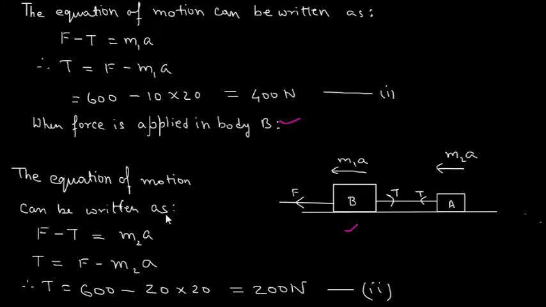And putting the value of F, m2 and a, we get 600 minus 20 into 20, that is 600 minus 400, that is 200 Newton. This is equation 2, and this is the solution also. Let us move to the next question.